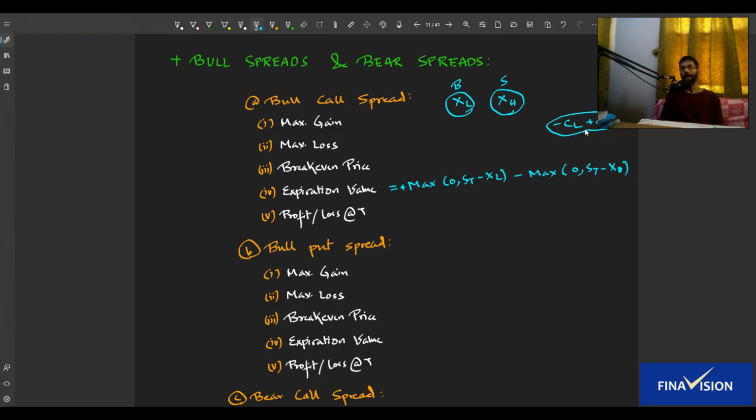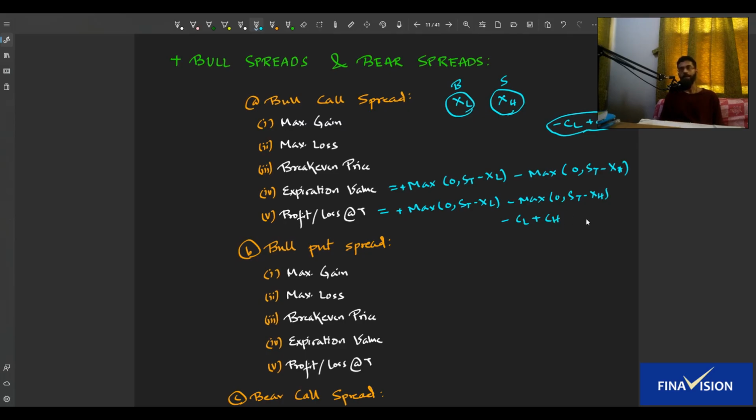Therefore, if you add this cash flow with the expiration value, we get the profit or loss at time T, right? So profit or loss at time T is equal to plus max of 0, ST minus XL, minus max of 0, ST minus XH, minus CL plus CH.